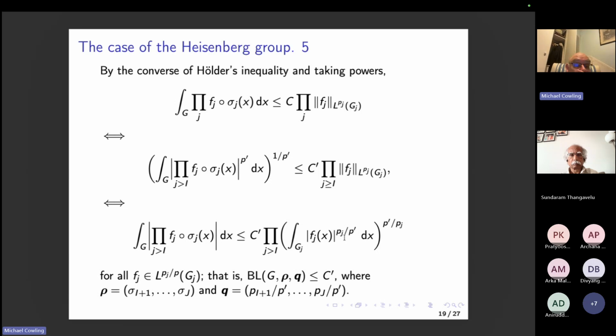But what I now have is a Brascamp-Lieb inequality for only some of the homomorphisms, only the homomorphisms where j is bigger than I, only the homomorphisms where the kernel is non-trivial, and I've got a Brascamp-Lieb constant, but not for p, but for a different set of indices, which are these pj divided by p prime.